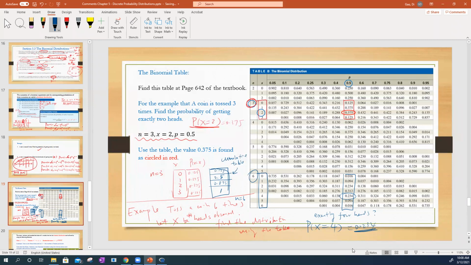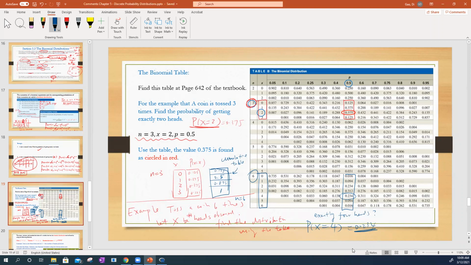Reading the binomial probability table is required. Reading the cumulative table is optional. If you're interested in using that kind of table as well, you can watch the video that we post on Blackboard. The binomial probability table gives you all the probabilities, and you can solve all the questions using only this table.